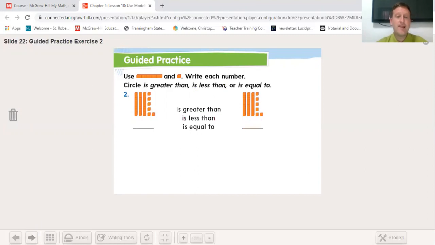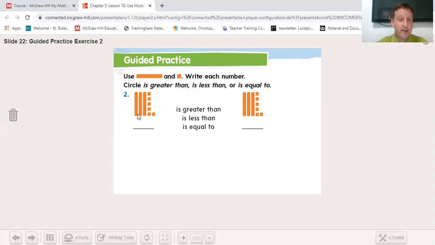Okay, let's go to question number 2. We have over here 3 sets of 10 and 1, 2, 3, 4, 5, 6. 6 ones. So we have 36. And in here we have 3 sets of 10 and 1, 2, 3, 4, 5, 6.